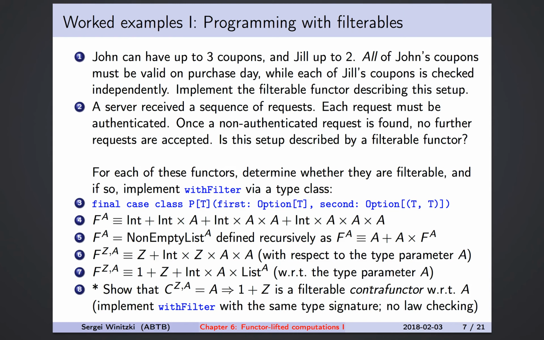We will talk a bit more about filterable contrafunctors in the second part of this tutorial. Recall that a contrafunctor is a type constructor that has a contramap function that is like map, except that the arrow is going in the other direction.